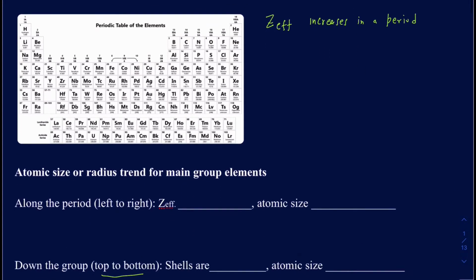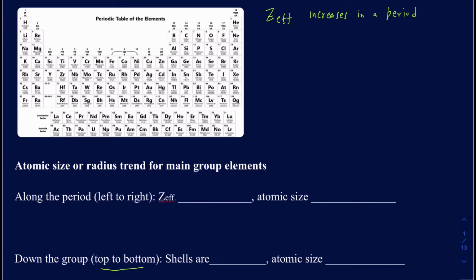So when we're looking at the atomic size or the radius of the main group elements, meaning the S block and the P block only, the Z effective increases as we go from left to right in the period, and as the Z effective increases, your atomic size is going to decrease.